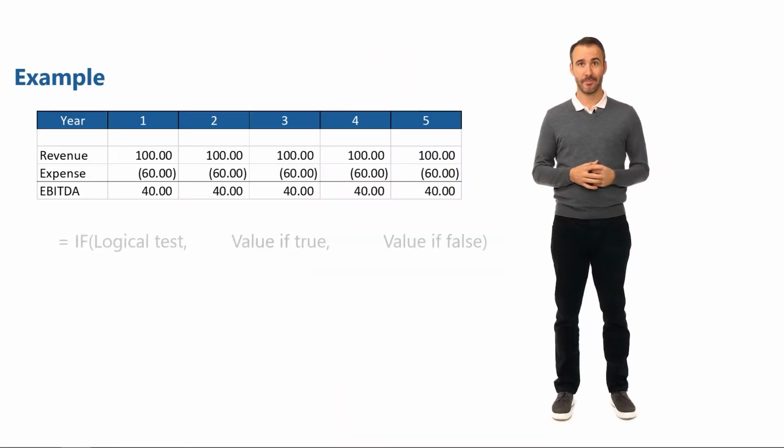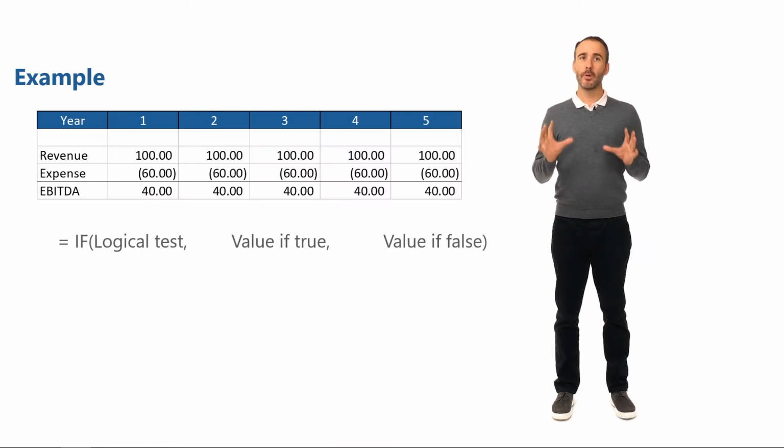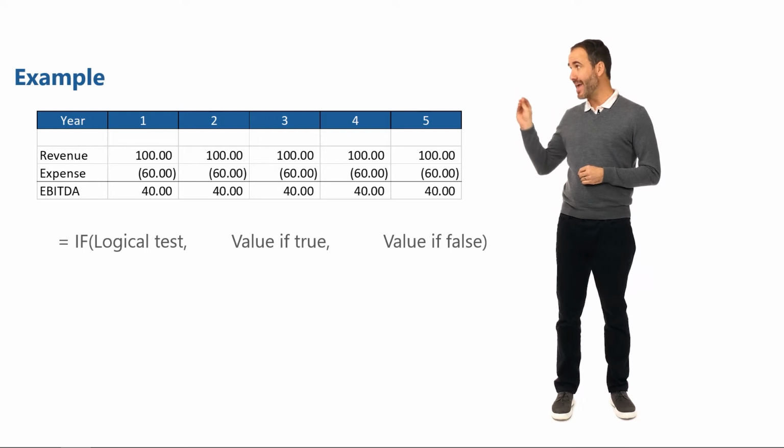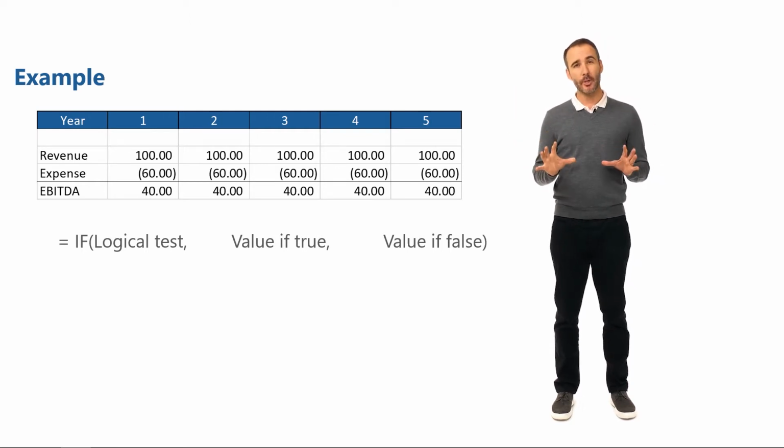Broadly speaking, in plain English, or at least plain Kiwi English, if we are past year 3, our values must be 0. If being the clue, we can use an if statement. But rather than apply an if statement separately to both the revenue and the expense line, I'm going to do something just a little bit different.